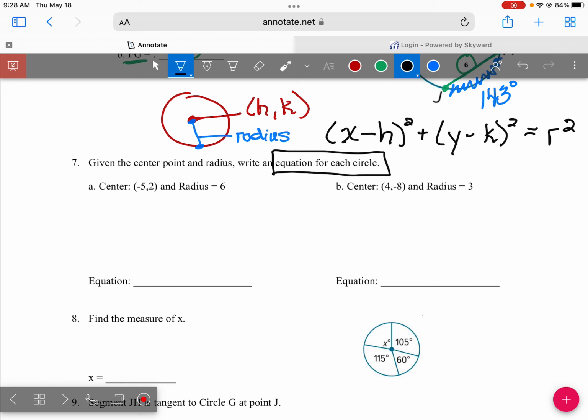All right, so if I have a center at -5, 2, that is H comma K. So H is -5, K is 2.